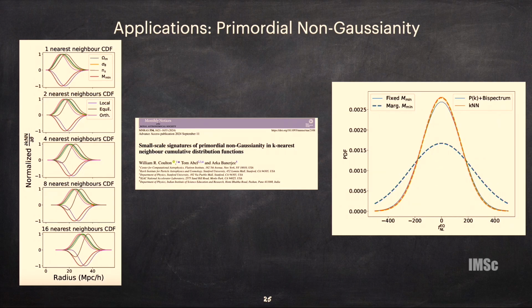But for example, in this study, using simulations, we were able to show that if you are interested in primordial non-Gaussianity, the fact that these nearest neighbor distributions are sensitive to all n-point functions in the data helps you break degeneracies much better between primordial non-Gaussianity and halo parameters compared to even combining the power spectrum with the bispectrum. Okay, so 2 plus 3 point is still not as good as the KNN distributions.